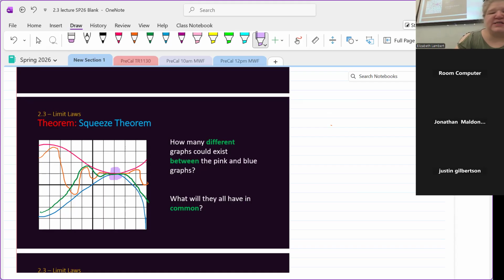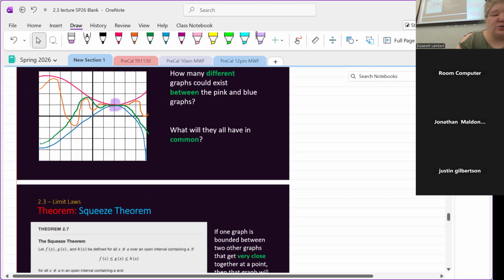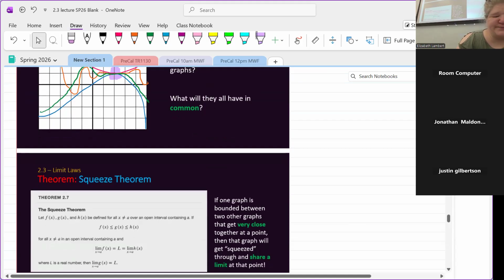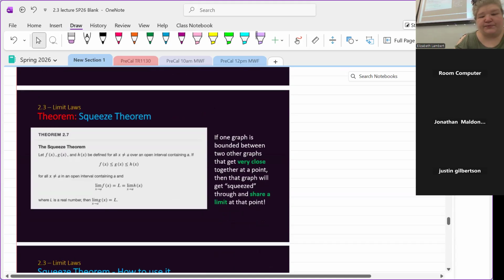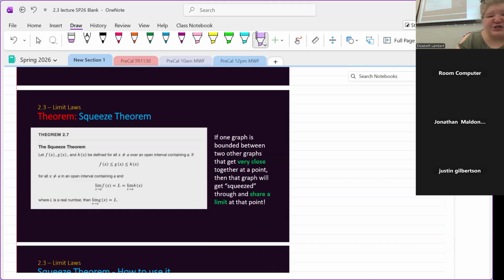So we can use this squeeze theorem to help us out with some annoying trig graphs. So here's the very formal mathematical definition. If we know that g of x, so h of x was our pink graph, f of x was our blue graph, and then g was whatever graph was in between.